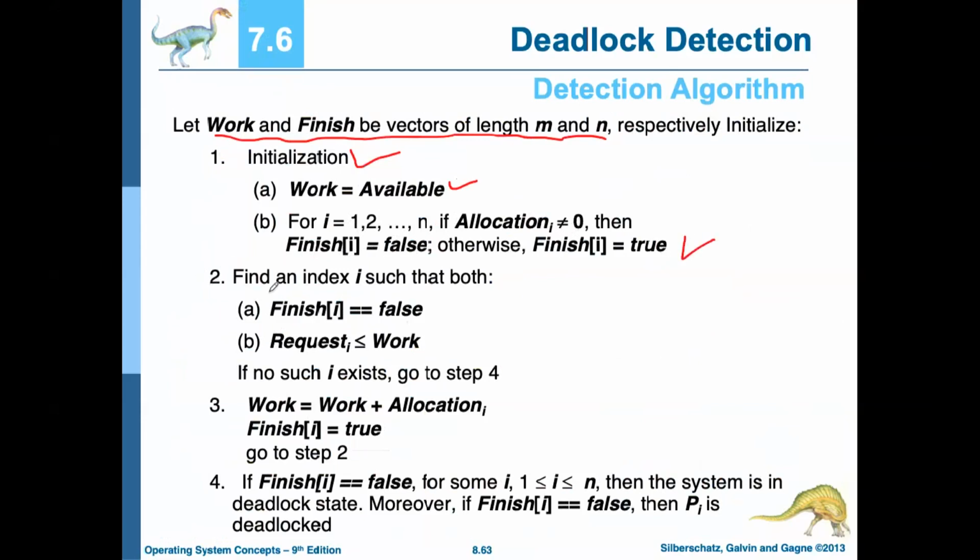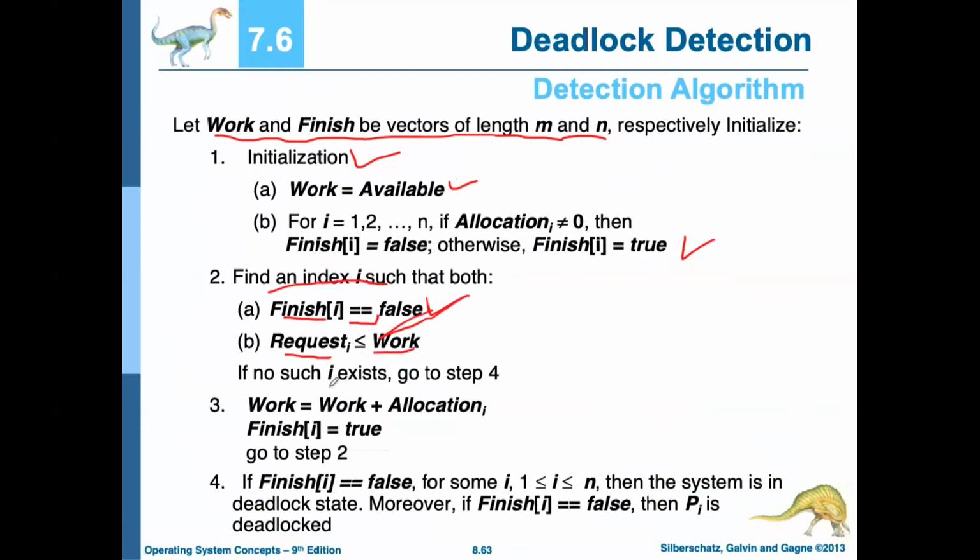Next, find an index i such that both finish[i] equals false and request[i] is less than or equal to work.